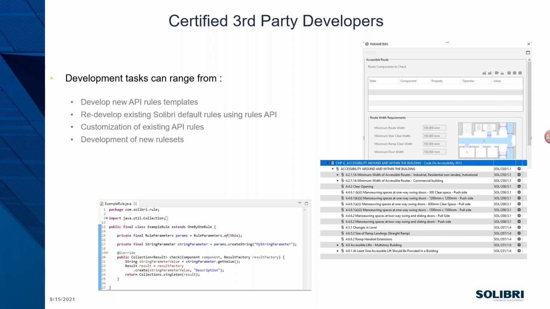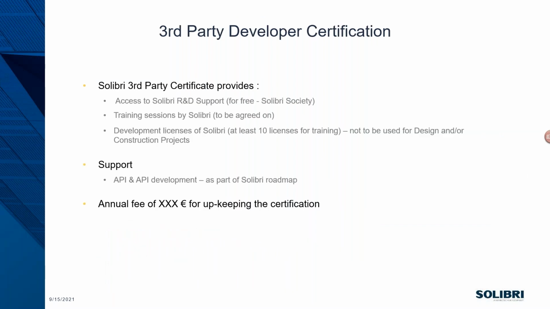So as a third-party developer, you can redevelop them, for example make them more complicated, or dismantle one into more than one rule. It's up to you. You will know how to manage this. Or you can customize the existing API rules to your use and put them into rule sets. All these tasks can be done by the developers for their existing customers in the projects.